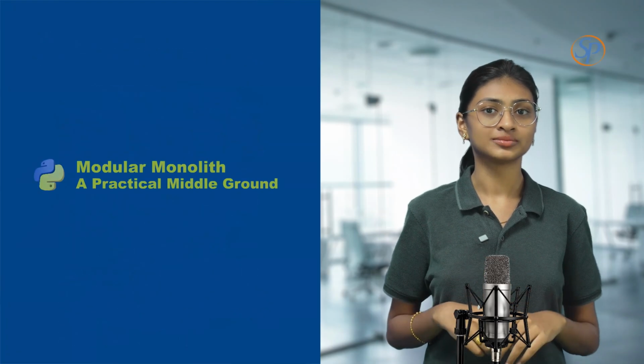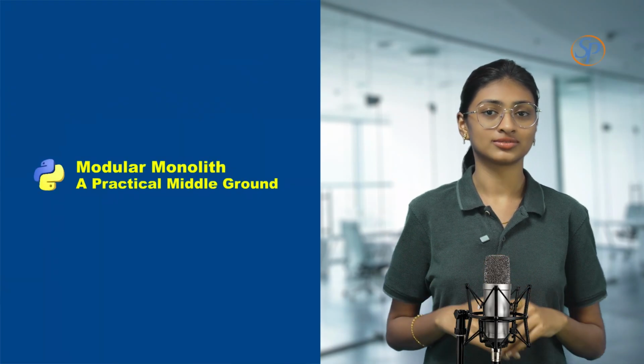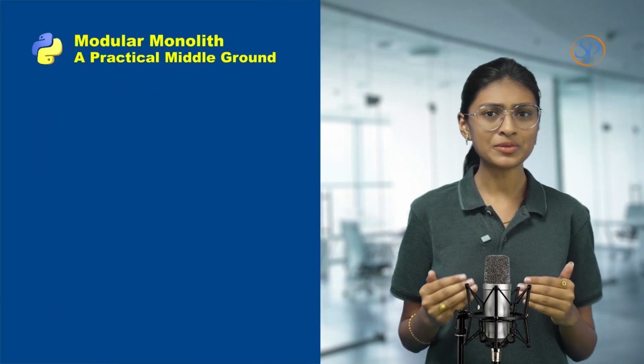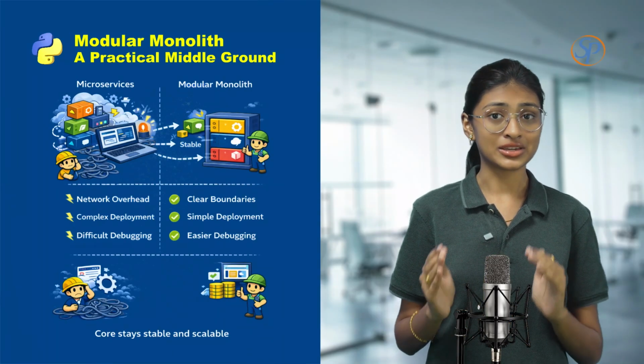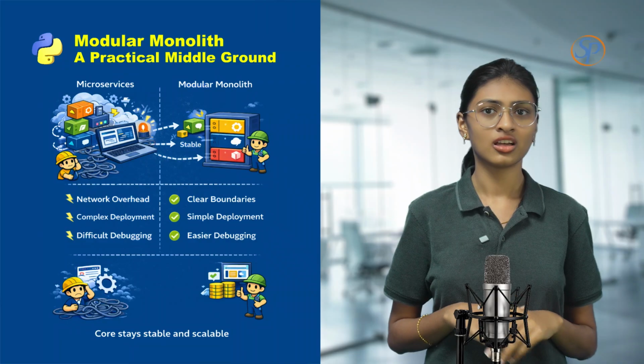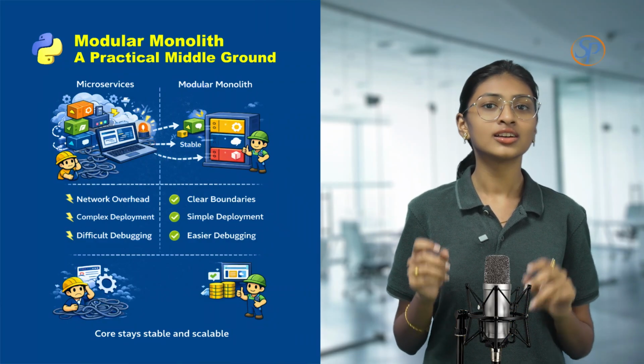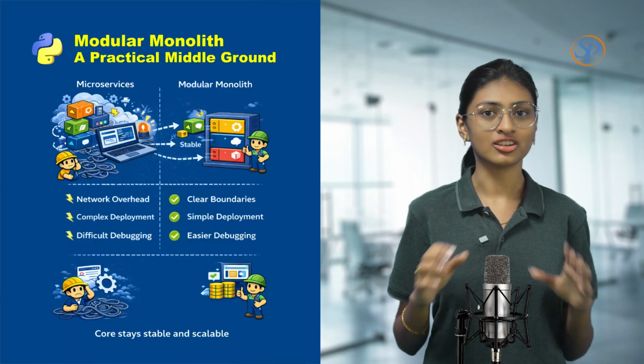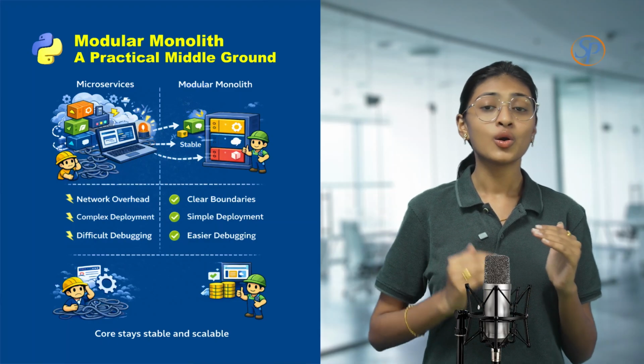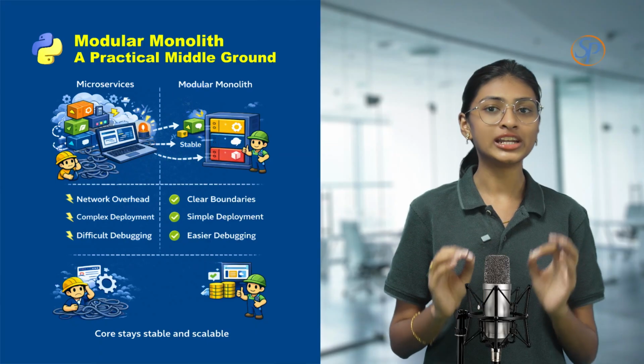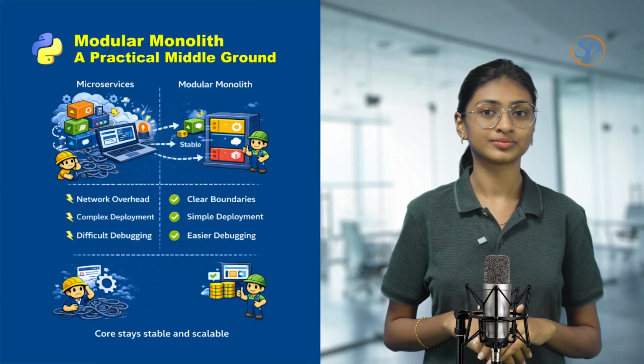Modular monolith, a practical middle ground. Many people think scalability means microservices. That is not always true. A modular monolith is a single application that is internally well structured into independent modules.